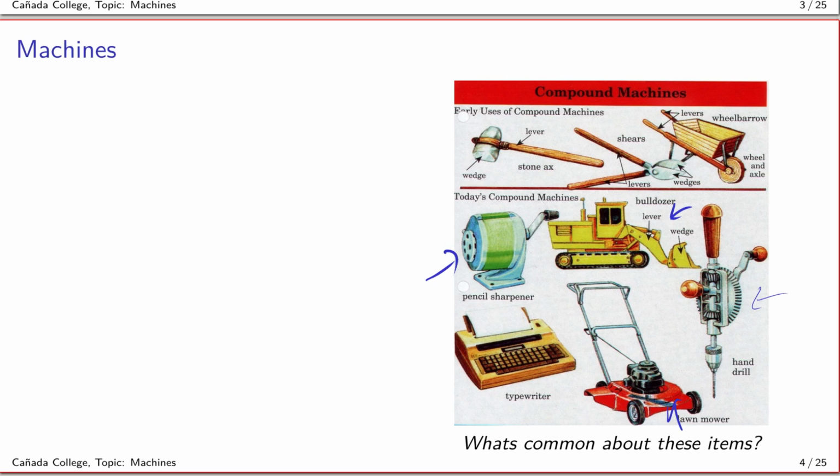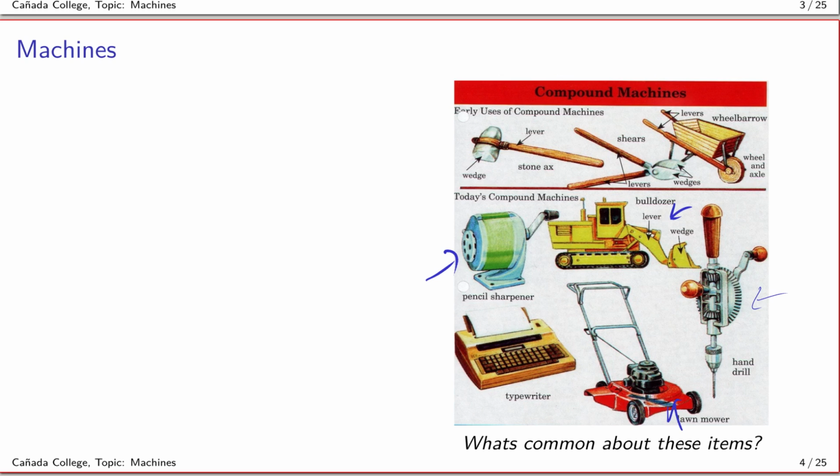Well, their main purpose is to make it easier to do certain tasks. For example, the lawnmower is used to cut the grass in your lawn in a way that's easier than, for example, using a scissor or a scythe. A pencil sharpener is easier to use than a blade to sharpen your pencil.